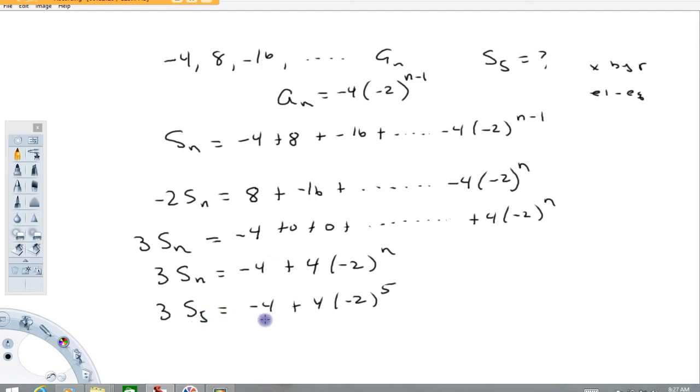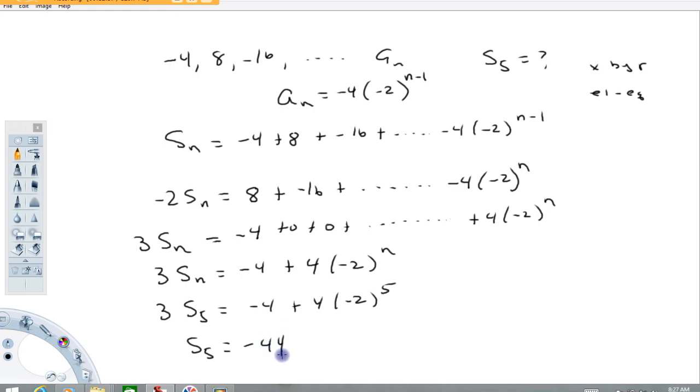And now I'm just going to wash this through the calculator and divide it by 3. Let's see what we get out of that. I get -44. All right, so hopefully that's correct.